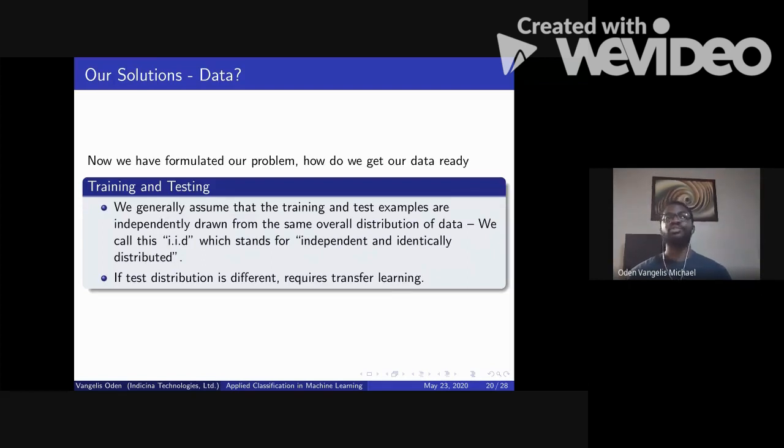If I'm going to take that same model somewhere else and use it and test it somewhere else, then that is a process called transfer learning. So transfer learning is basically, I train a model using a data distribution, and then I can take that model and try to test it on another distribution.